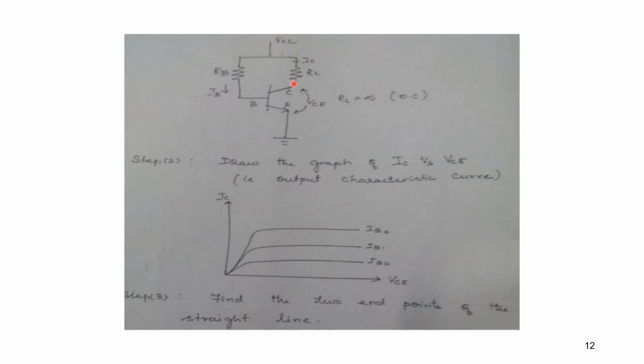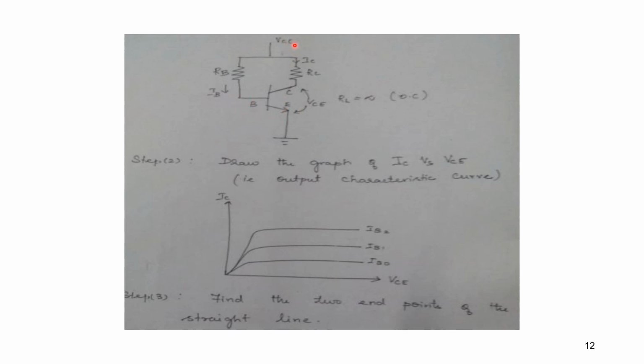VCC is equal to the voltage drop here, ICRC. The voltage between emitter and collector is VCE. So the total voltage VCC is equal to ICRC plus VCE, the output loop equation. If you want the input loop, VCC is equal to the voltage drop here, RB into IB, IBRB, plus the cut-in voltage VBE.